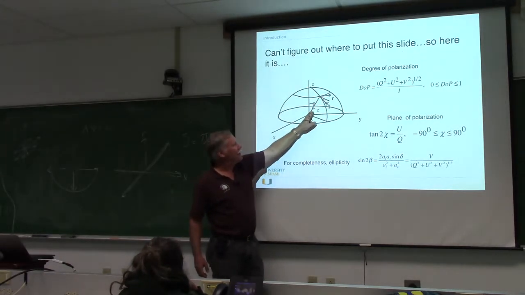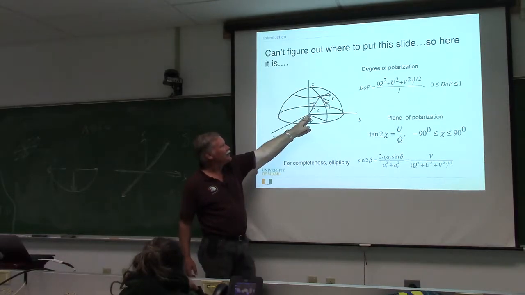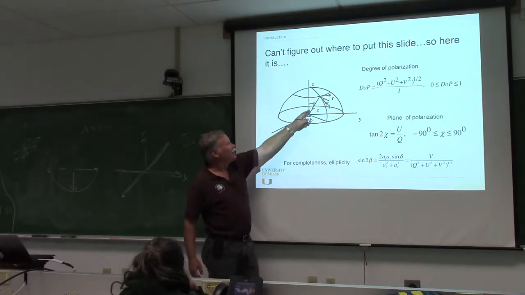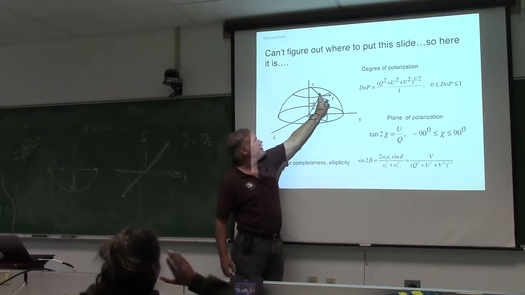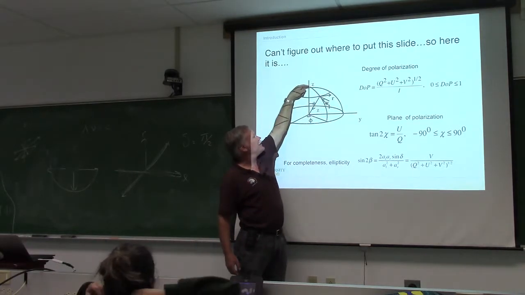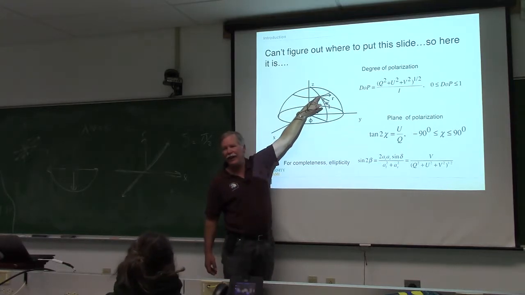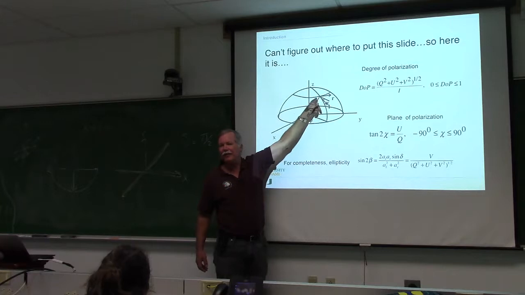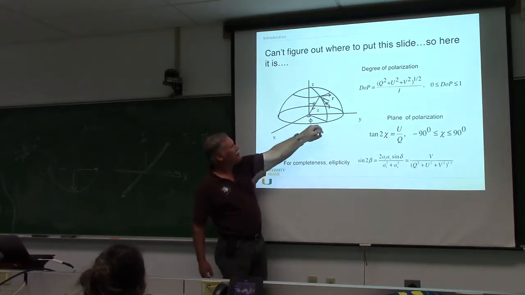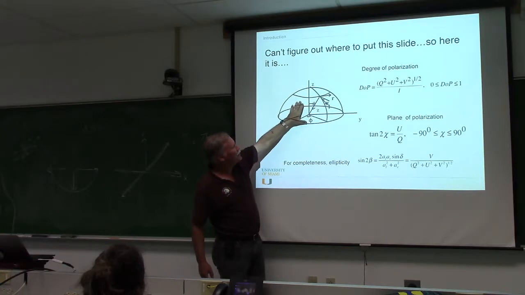My camera is sitting here, and light is propagating from some direction. The L vector is in the plane that contains the zenith and the direction I'm looking at, and the R direction is perpendicular to that. Okay, everybody sort of see how that works? That's the polarization plane coordinate system I'm going to use.